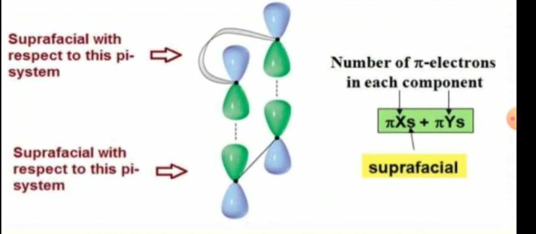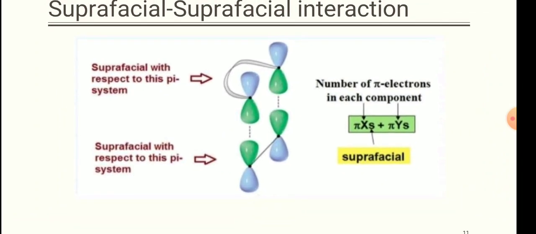For the diene it is above, and for the dienophile it is also below. So both interacting pi orbitals are on the same side to get easy access to this pi orbital. So this is called suprafacial.